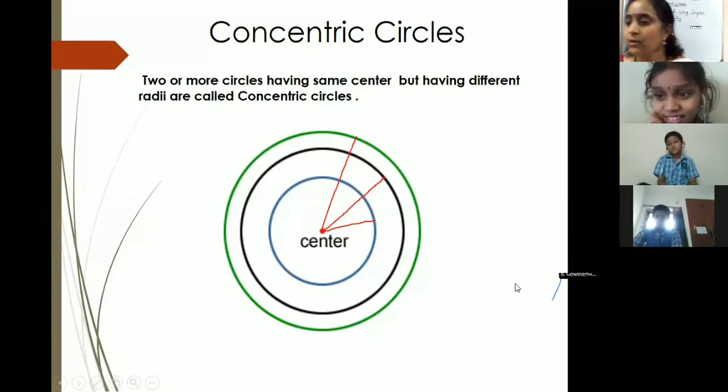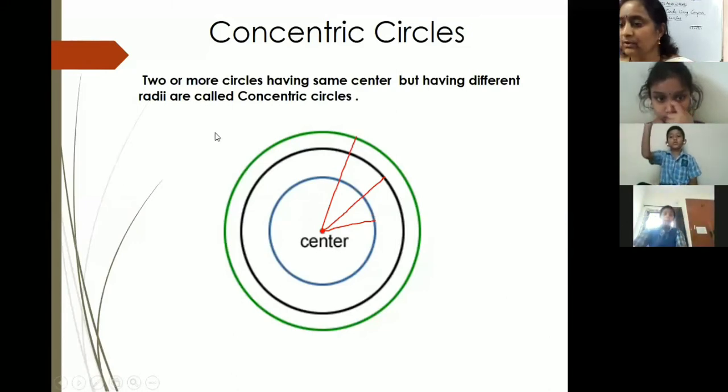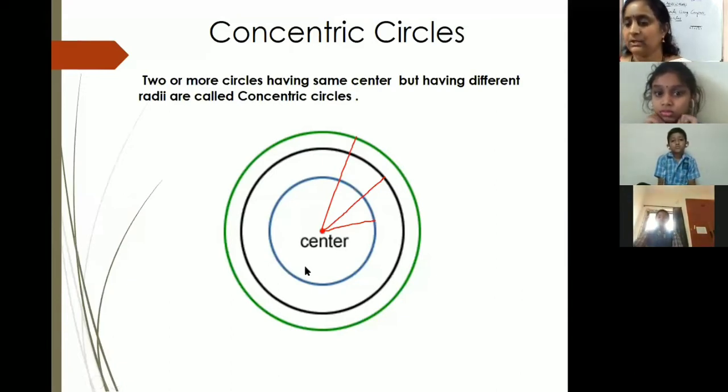Who will read? Faiza, read it. Ma'am, two or more circles having the same center but having different radii are called concentric circles. So these three circles have one center point and different radii. These types of circles are called what? Concentric circles. Very good.